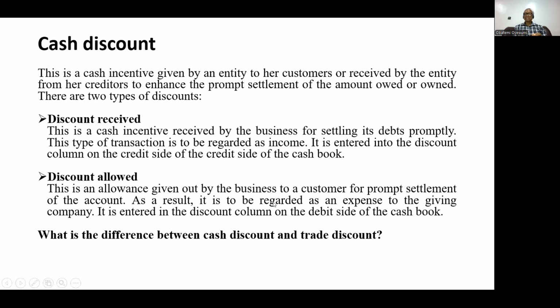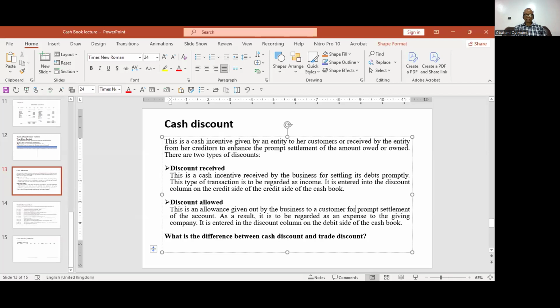So in this case, you are the one giving the allowance. It's an expense on your part, regarded as an expense to the giving company. It's entered in the discount column on the debit side of the cash book, while the other one is on the credit side. So please, it's important that we take note of this terminology and have a good understanding of what we're referring to.